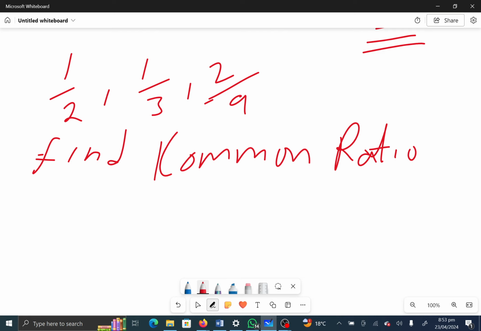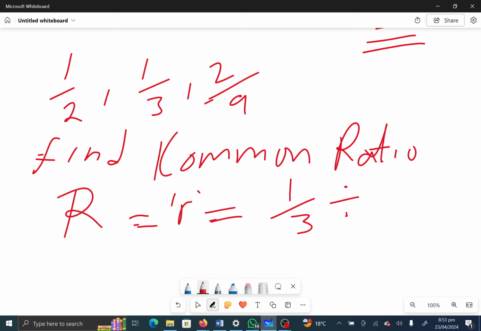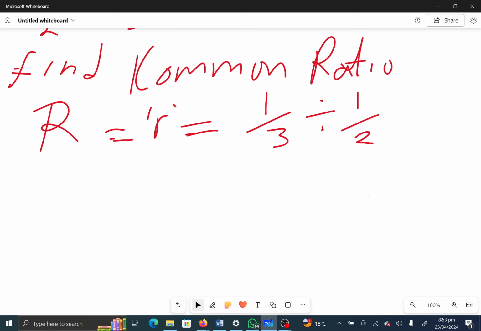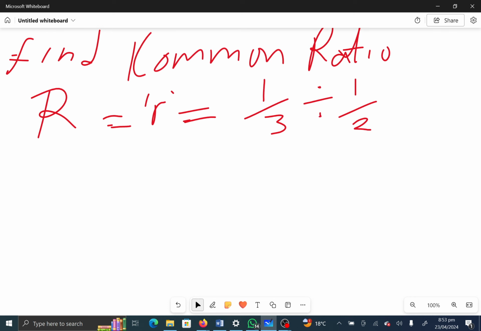The common ratio is denoted by small letter r, which is equal to 1 over 3 divided by 1 over 2.